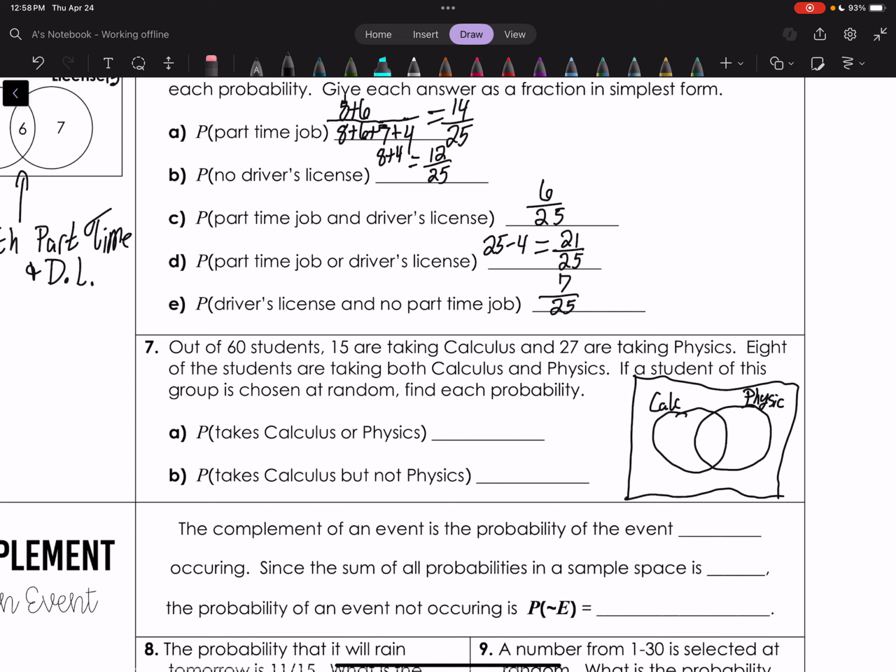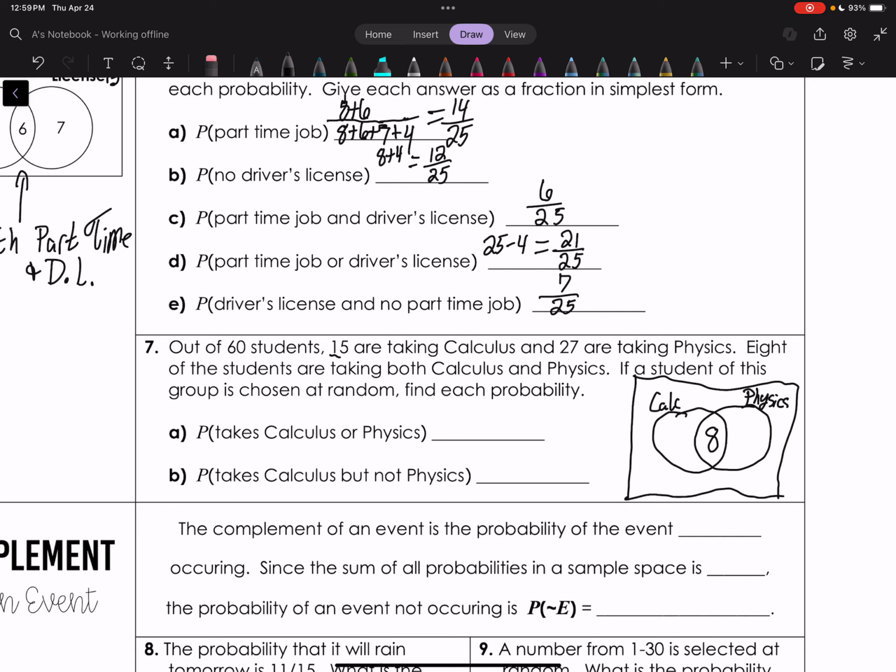Here's my physics. And then the outside of those Venn diagrams will be they didn't take either one. So out of 60 students, 15 are taking calculus, 27 are taking physics. 8 of the students are taking both physics and calculus. We're going to start there. So 8 is in the middle.